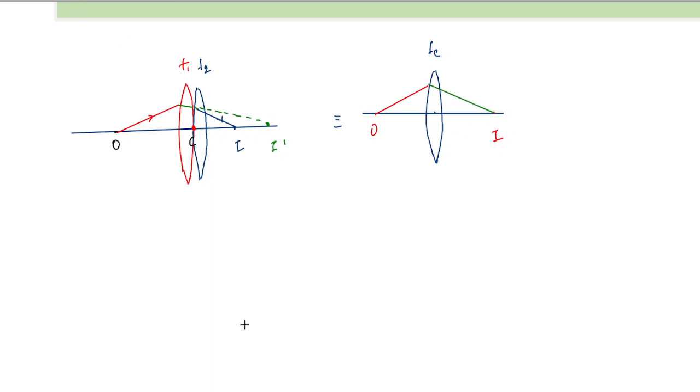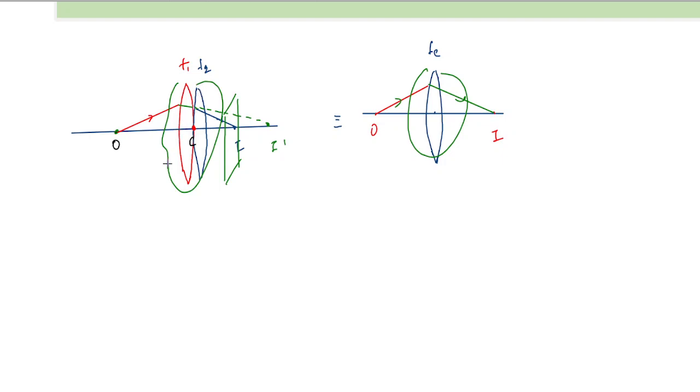That means that, just imagine a case where we have an object here and somewhere we have a screen like this. Object and screen are fixed. So whether we place these two lenses or the single lens like this, the distance of object and image will not change, which means light doesn't know whether there is two lenses or one lens.